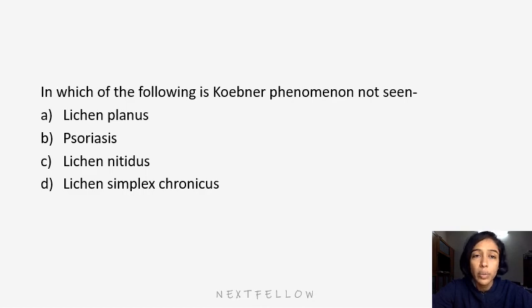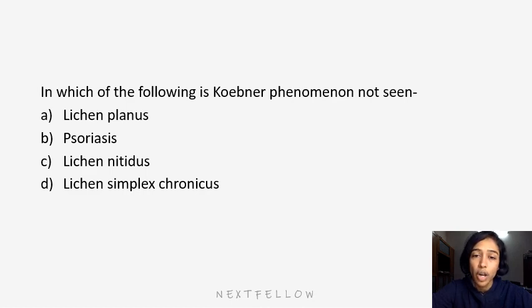In which of the following is Koebner phenomenon not seen? Lichen planus, psoriasis, lichen nitidus, or lichen simplex chronicus? So we know it's seen in lichen planus and psoriasis. Lichen nitidus is a condition in which you have follicular papules classically seen in children.